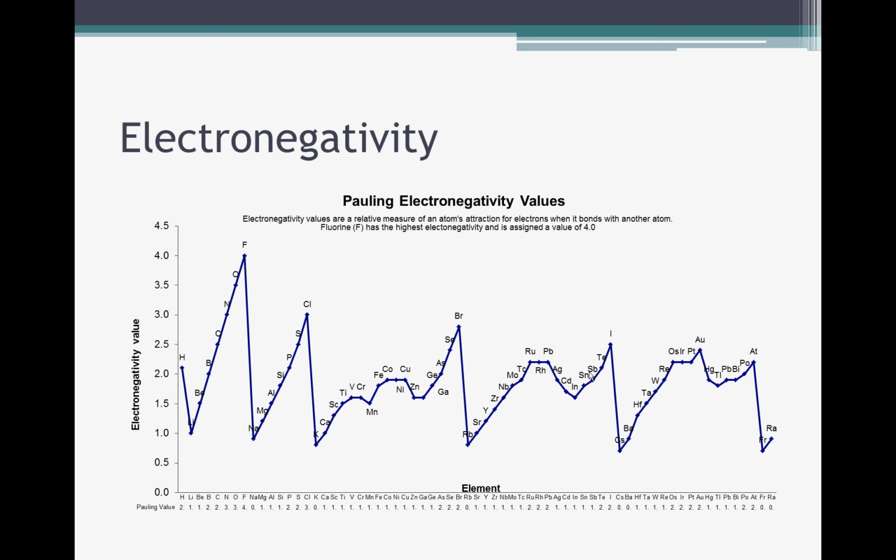So fluorine, all the way to the right, so the greatest nuclear charge within its period, and all the way up at the top, the least shielding in its period, is going to have a very high electronegativity. We also know nitrogen and oxygen, and we'll see all three of these important in particular when we talk about interactions between molecules. Now you might note, noble gases don't appear in this chart.